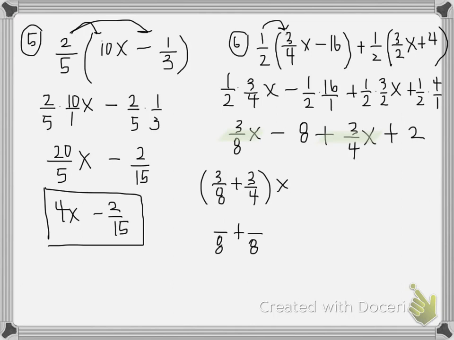Okay, so the first fraction you don't have to do anything to, but the second fraction I am going to need to multiply by something. So what did I need to multiply 4 by to get 8? A 2, so I need to multiply the numerator by 2. I just multiplied that fraction by a 1. 2 over 2 is a 1. Okay, so 3 times 2 gives me a 6.